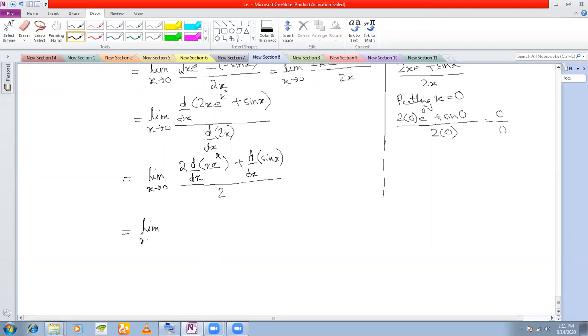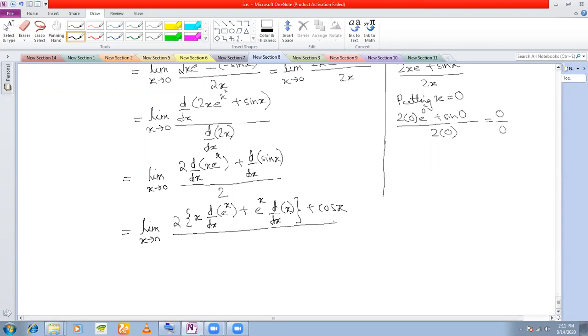Limit x tends to 0. Now we'll use the u into v rule. x d/dx of e to the power of x plus e to the power of x d/dx of x, and d/dx of sin x is cos x.